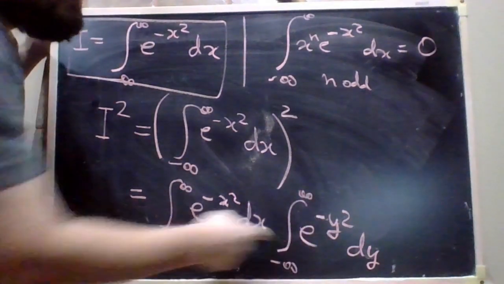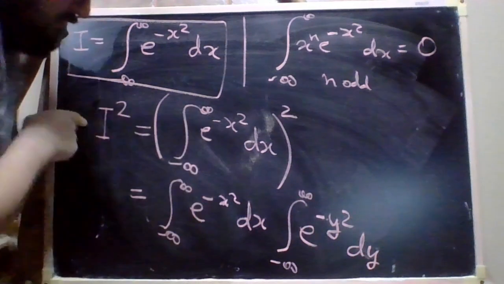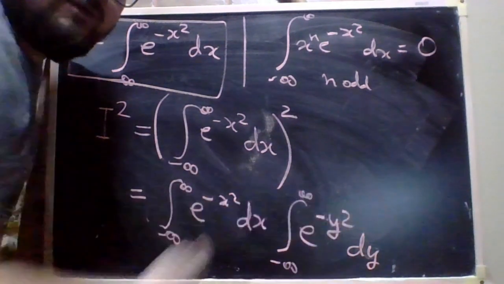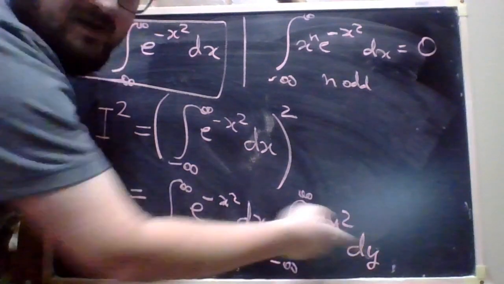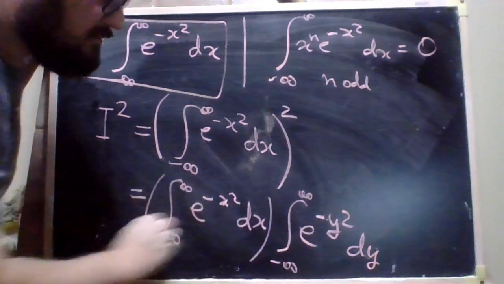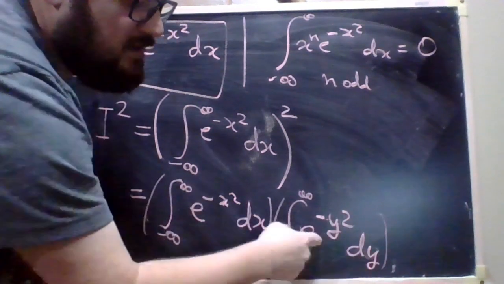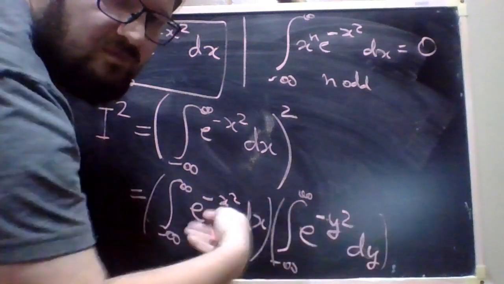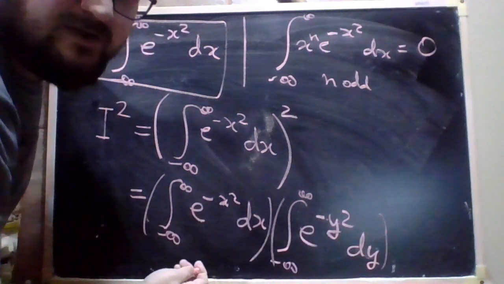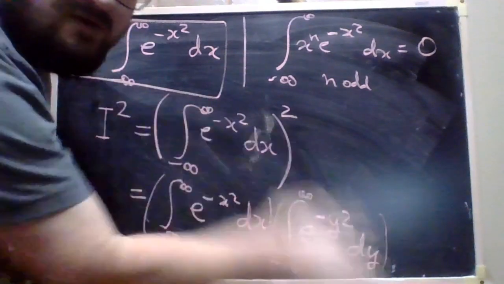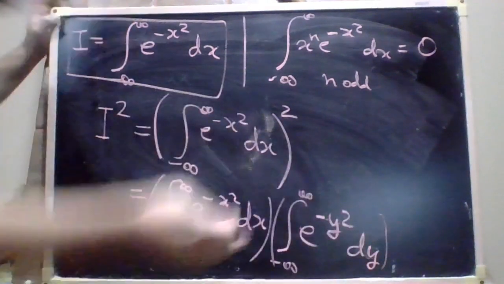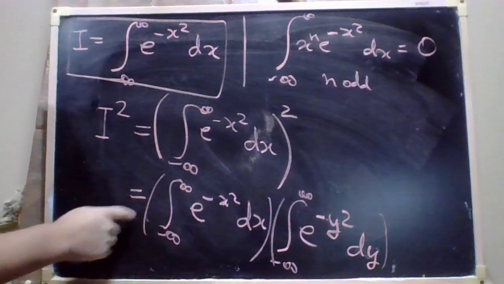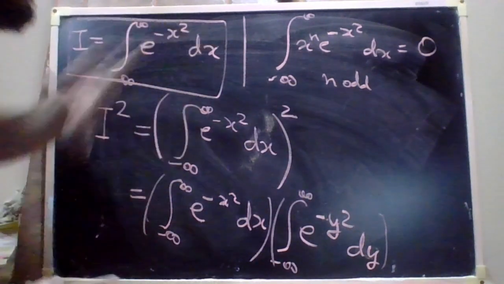It is the same number. You are squaring the integral. Now you have a double integral in the variables x and y. They are independent. This is the same number as here, but written with a distinct dummy variable. The integration variable is also called a dummy variable because after you integrate, it vanishes from your result. It does not appear anymore. So this is what this smart guy did.